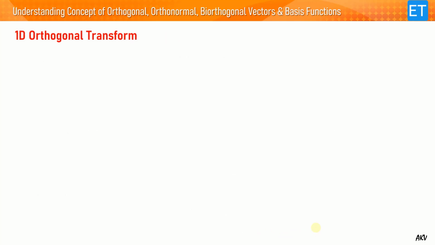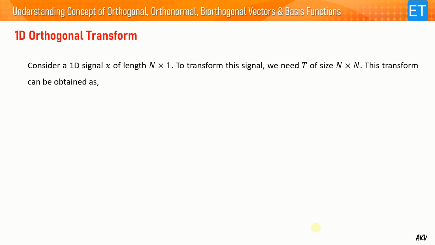So now let's see how a one-dimensional orthogonal transform is achieved. That means if you have a one-dimensional signal, how you can transform that signal into another domain. So just consider a one-dimensional signal x whose size is n by 1. It's a column matrix having n elements because it is defined in n-dimensional space.